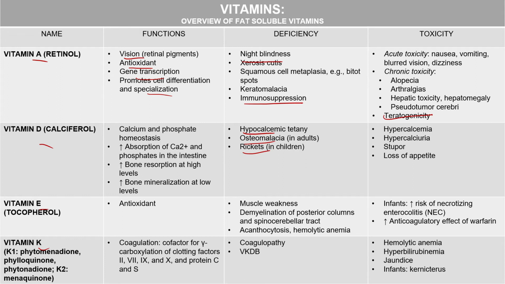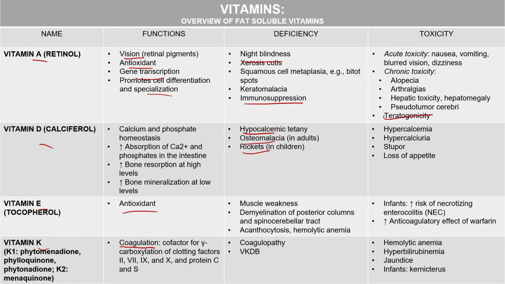If we talk about vitamin E, what you need to know is that it is an antioxidant, right? This is very important. It is one of the main antioxidants. If we talk about vitamin K, very important is its role in coagulation.